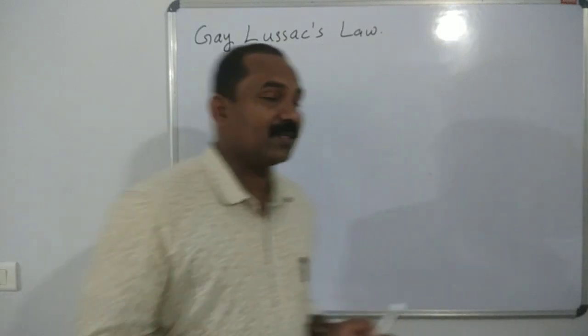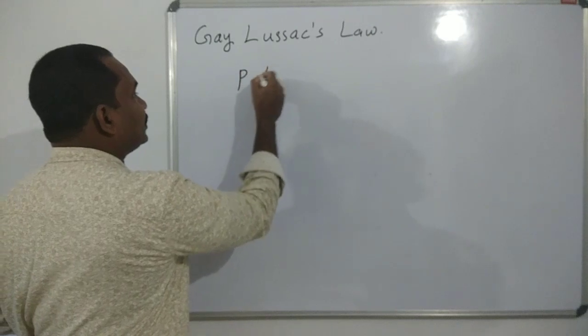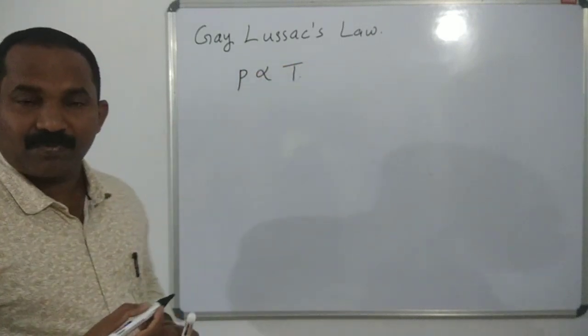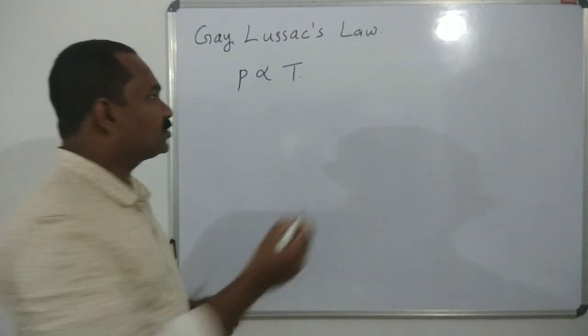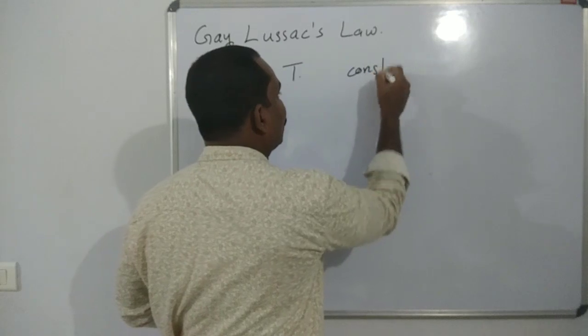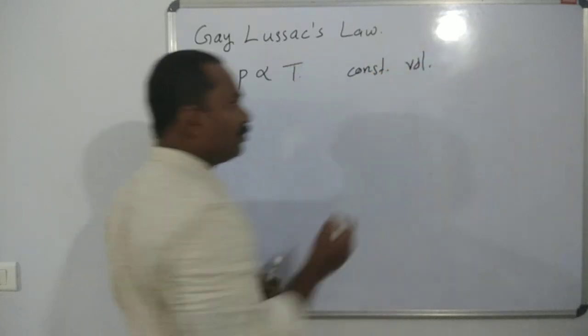Let's represent this mathematically. Pressure of the gas is directly proportional to the temperature for a given mass of gas at a constant volume. Volume must be constant, you remember that.